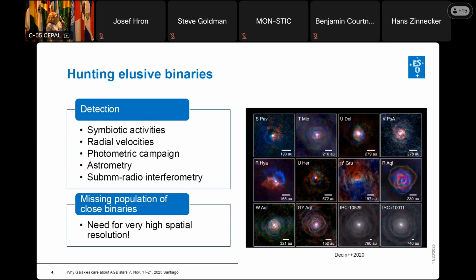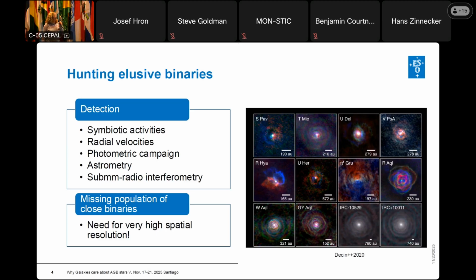We know there have been a lot of detection systems and techniques used. Binaries have been detected via symbiotic activities, radial velocities, photometric campaigns with a long secondary period, astrometry. Lately, in the last 15 years, we started to use ALMA, and in general sub-millimeter and radio interferometry.